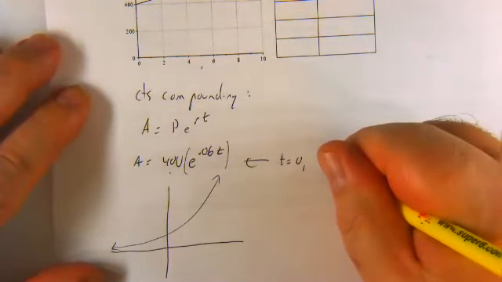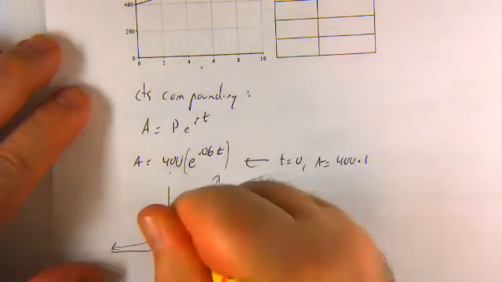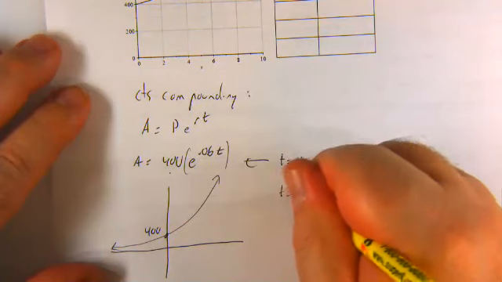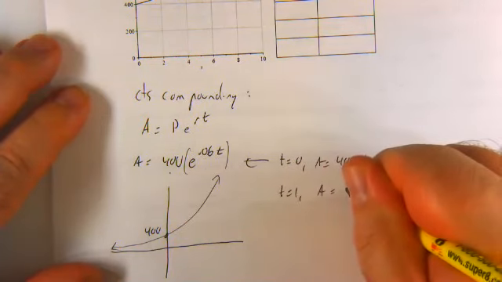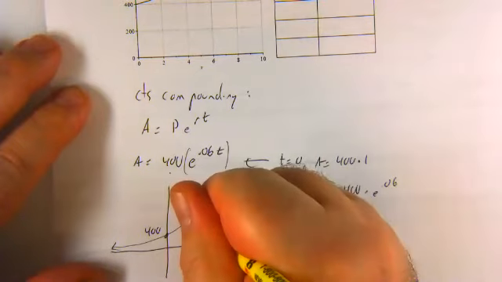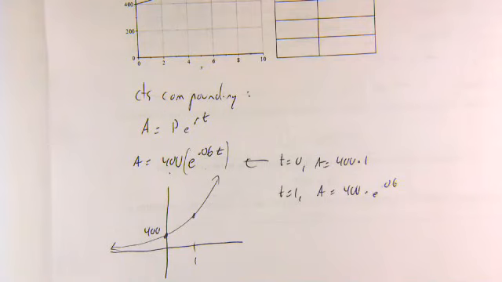So if t equals 0, A equals 400 times 1. So this goes through 400. And if t equals 1, A equals 400 times e to the 0.06, which is some number. But the graph looks more or less like that.